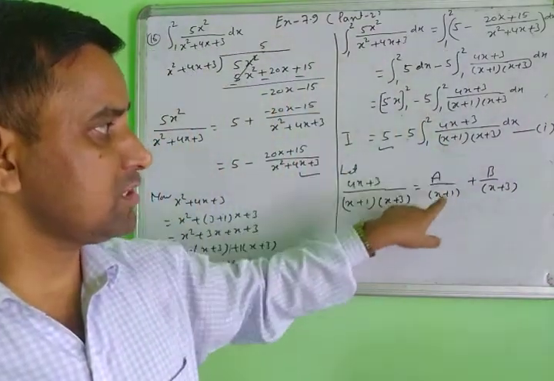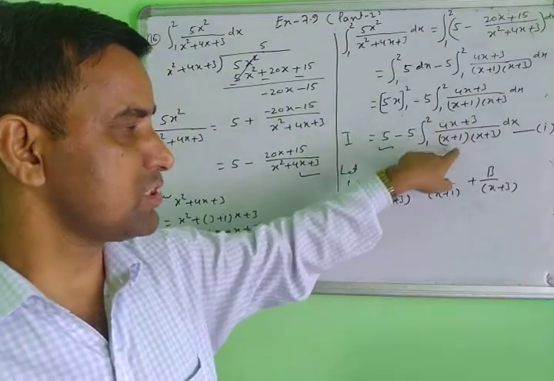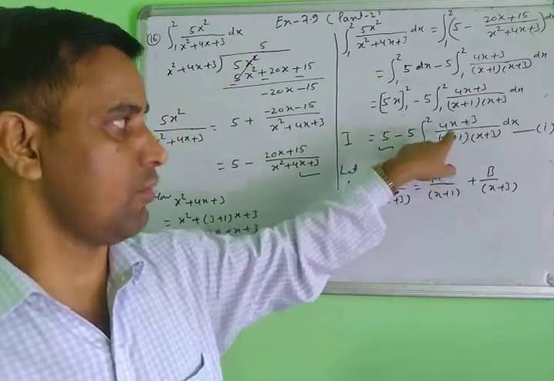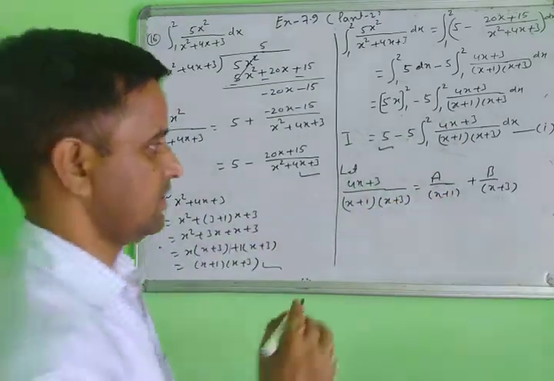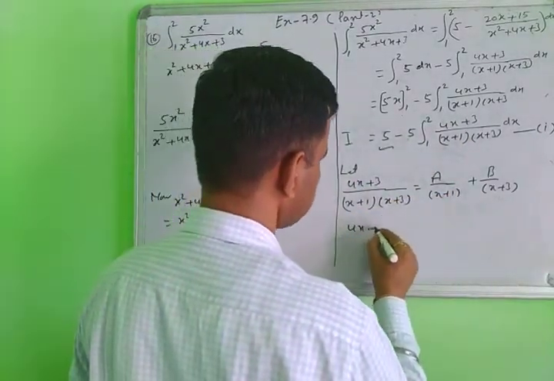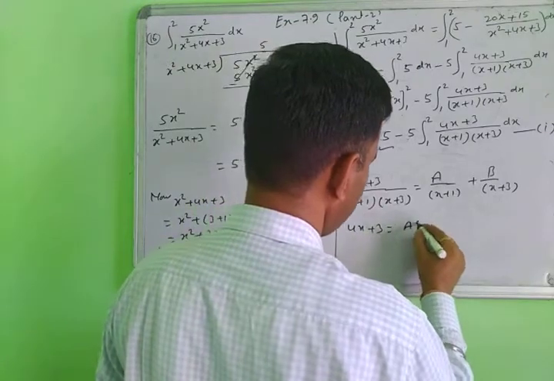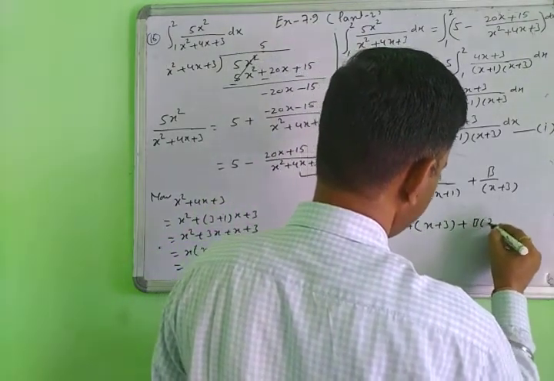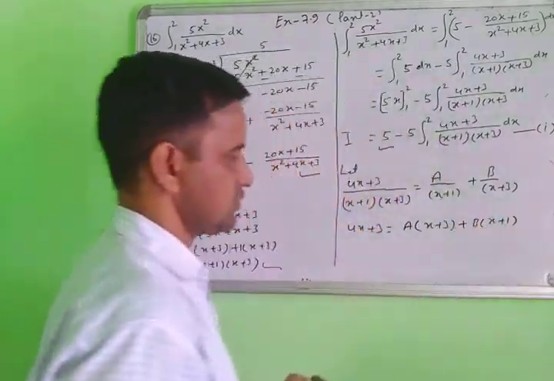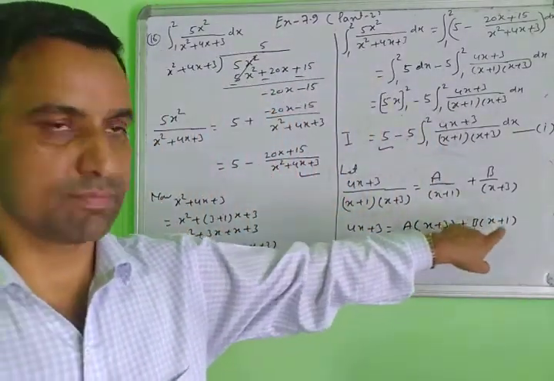After that you use the partial fraction identity and solve it. Then 4x plus 3 equals a times (x plus 3) plus b times (x plus 1).